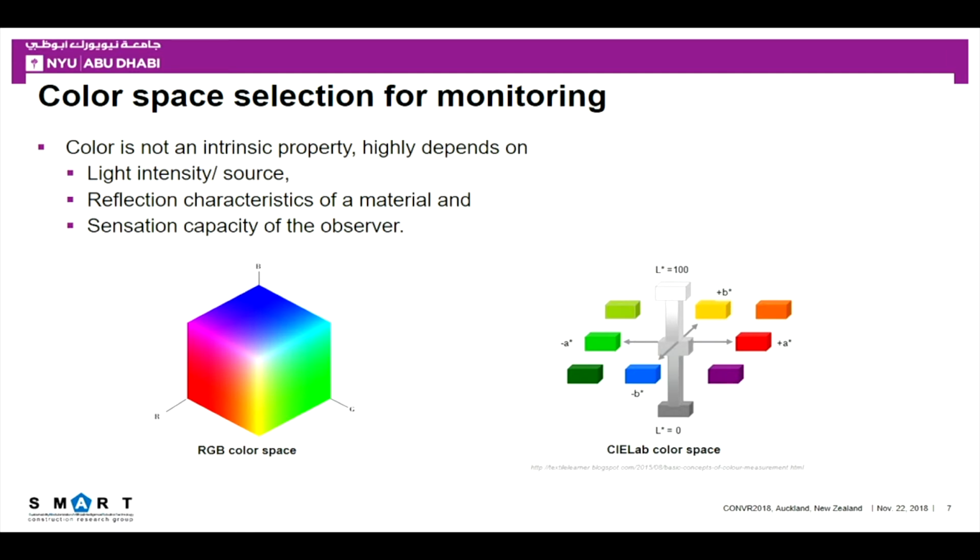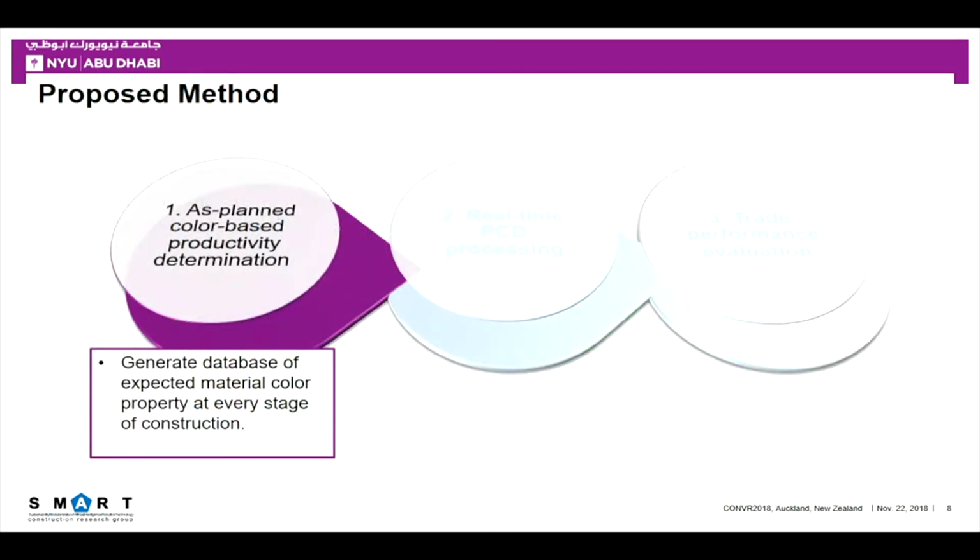Now, these are the three main steps of our methodology. The first one is the as-planned color-based productivity determination. At this phase, we are giving more information to our BIM data so that it can be related to the color of material that we expect.